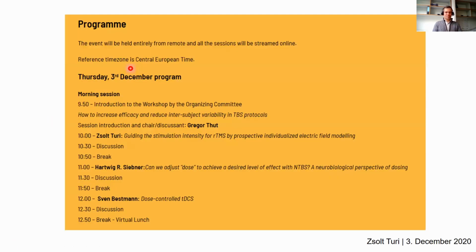And because the motto of this morning session is how to increase the efficacy and reduce the inter-individual variability for transcranial brain stimulation approaches, in the second part of my talk, I try to address these points with some examples based on our experience with rTMS.